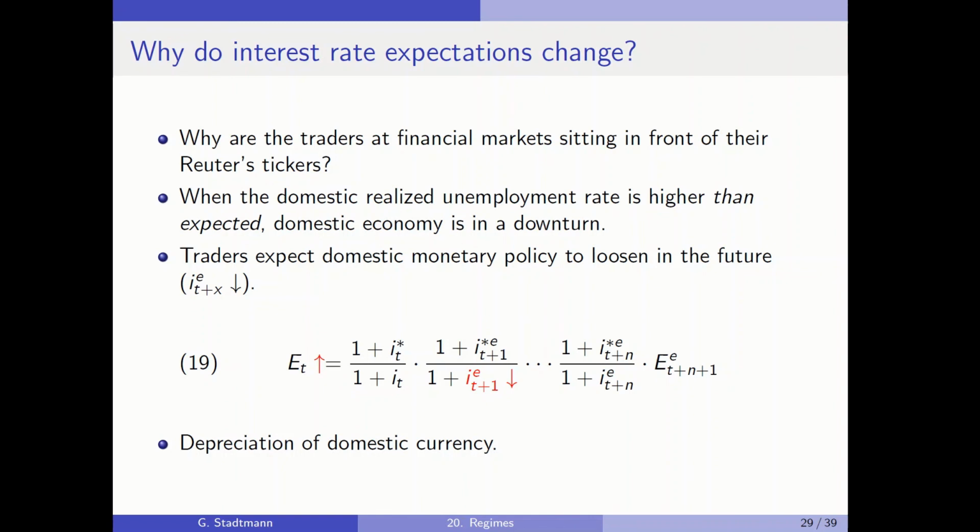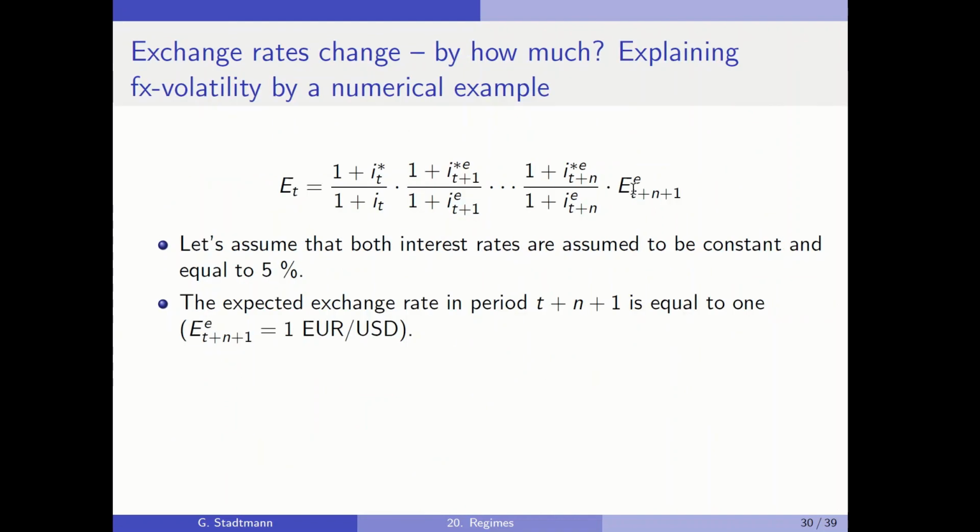In the next few examples, I would like to highlight by how much the exchange rate will increase or decrease. We have to specify the basic scenario. Let's assume that both interest rates are constant and equal to 5%, and the expected exchange rate for the period t plus n plus 1 is equal to €1 for $1.